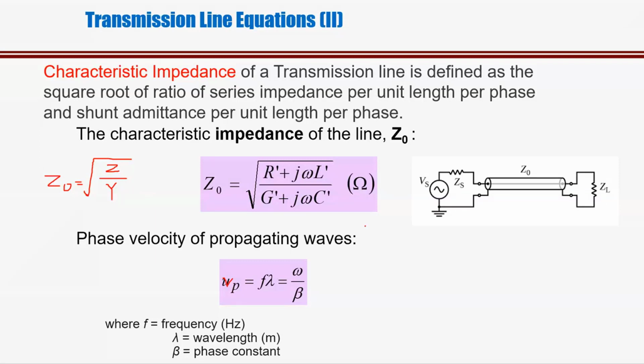Every transmission line has its own characteristic impedance. For coaxial cable, impedance is fixed. For other cables, the impedance is fixed like that.